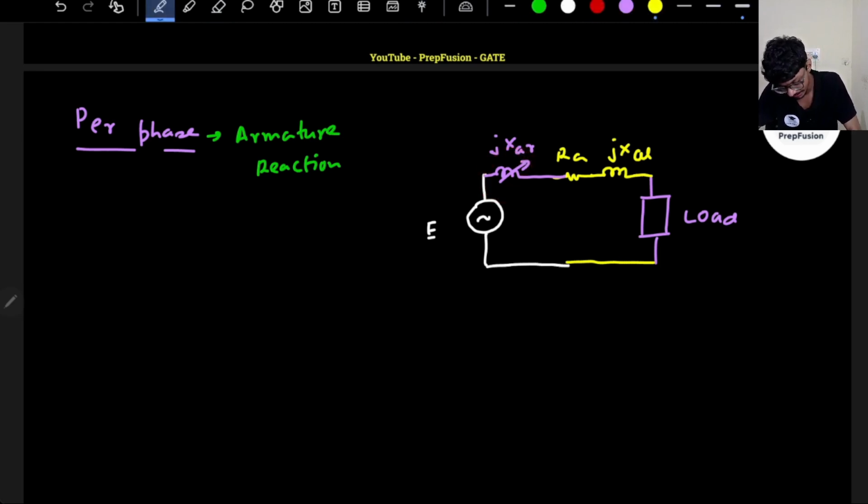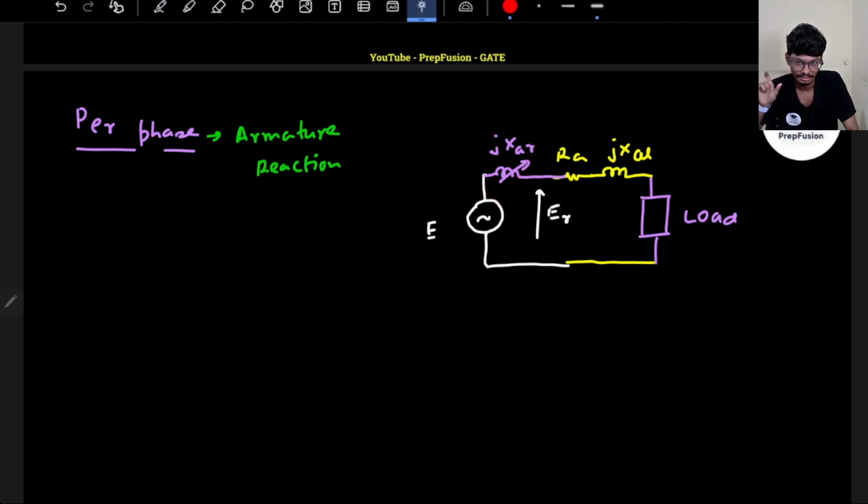So this is the point of my field mmf, Ef, also known as E only. And this is the point where, if you remember, I used to get the resultant mmf, after the drop of the armature reactance has been accounted for. And this is the terminal voltage that I will get at the output.